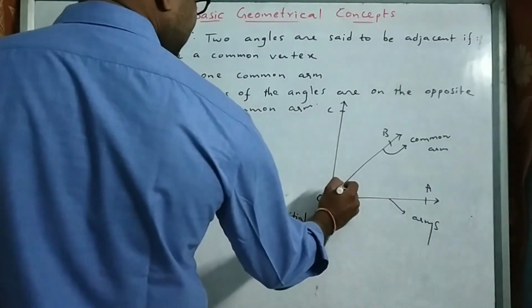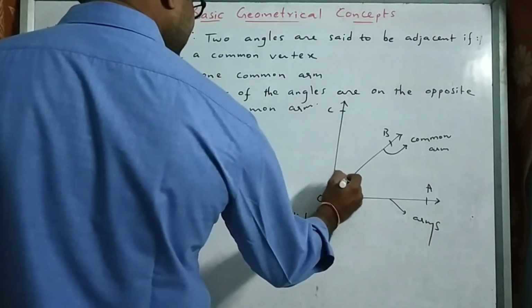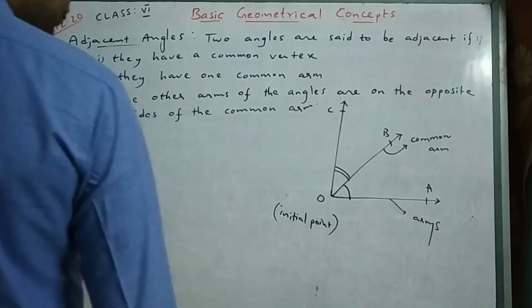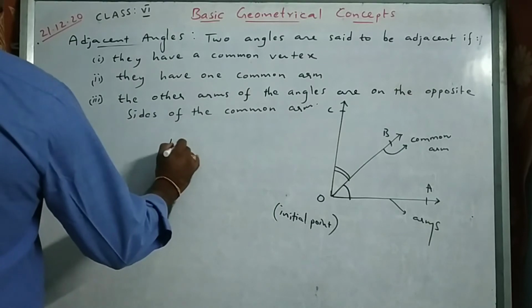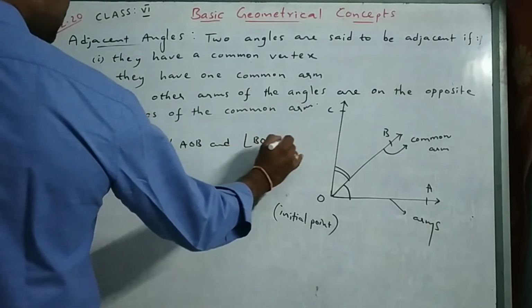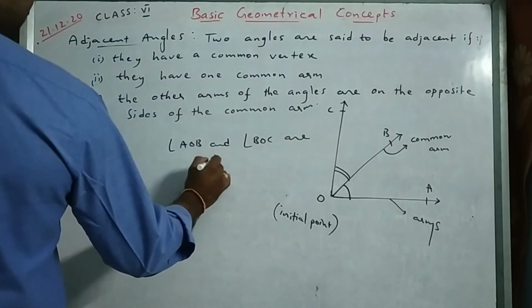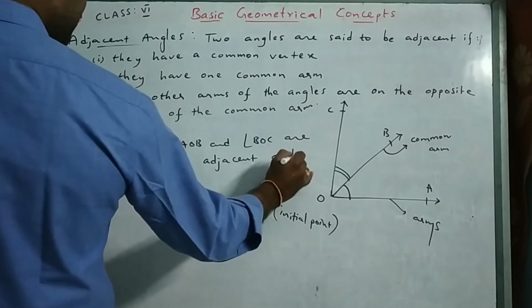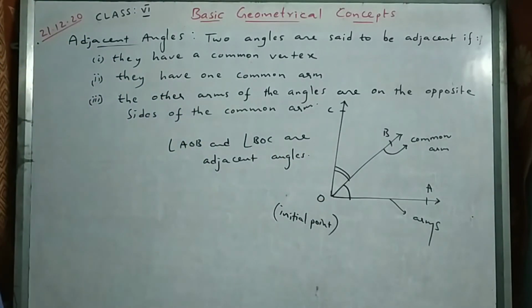So these angles are angle AOB and angle BOC. Angle AOB and angle BOC are adjacent angles, right?